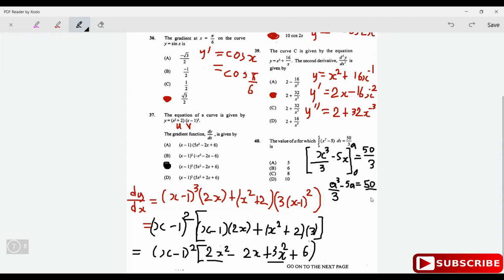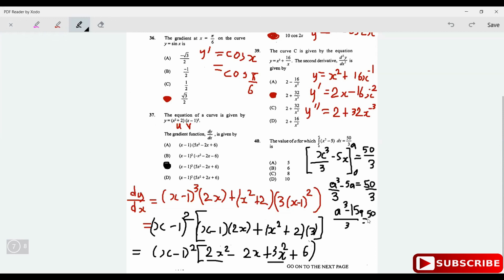a cubed over 3 minus 5a is equal to 50 over 3. So this is what we're solving. Now, you can write this as one fraction. That's what I would do anyways. I would rewrite it as (a cubed minus 15a) over 3, and that's equal to 50 over 3.